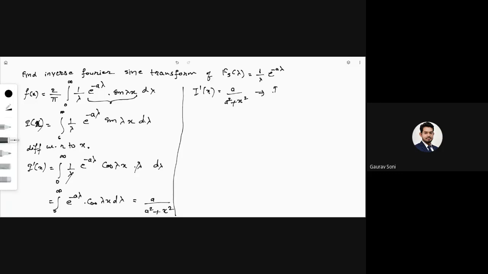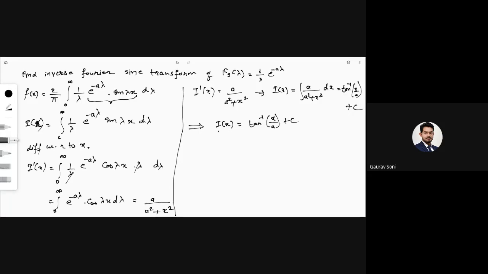So I of x will be equal to integration a upon a square plus x square dx, which is tan inverse of x by a plus integrating constant c since it's an indefinite integral. So what we have got is I of x is equal to tan inverse of x by a plus c.